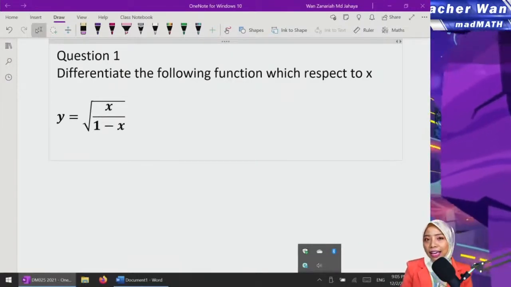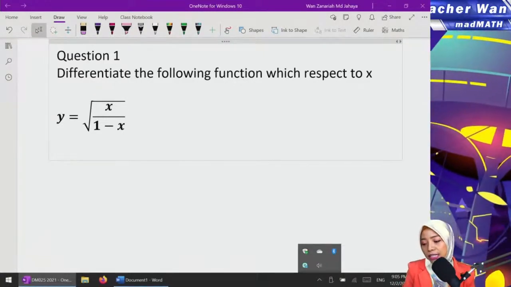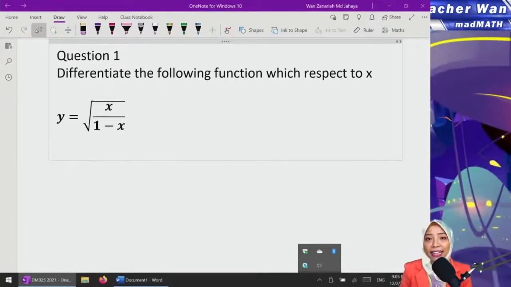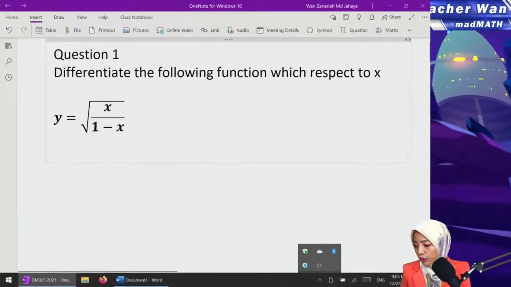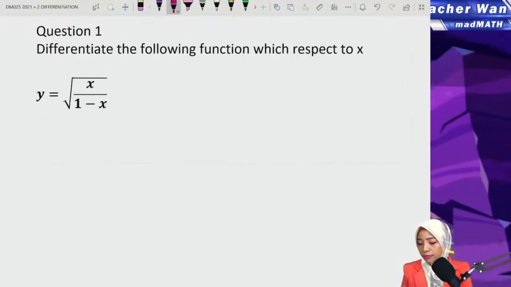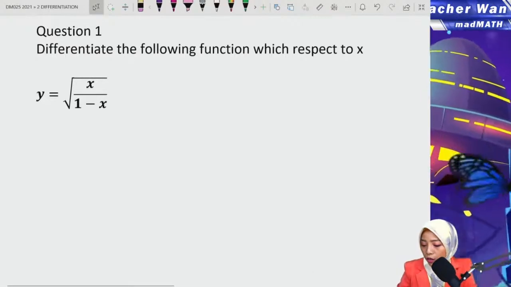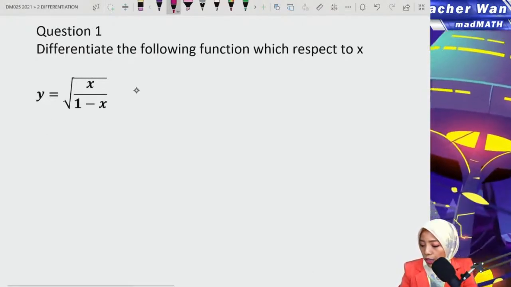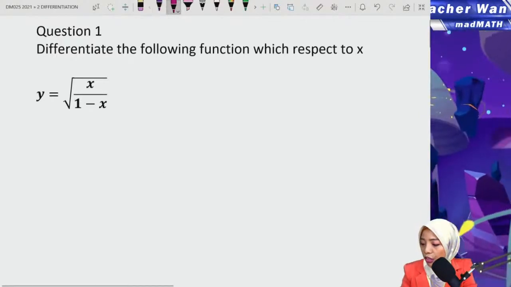Okay, so let's look at question 1. This type of question consists of the quotient rule and a surd function. So what you have to do first, usually, is change the surd function into index form.